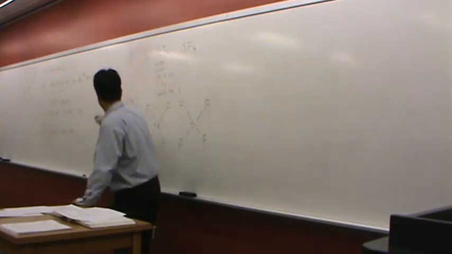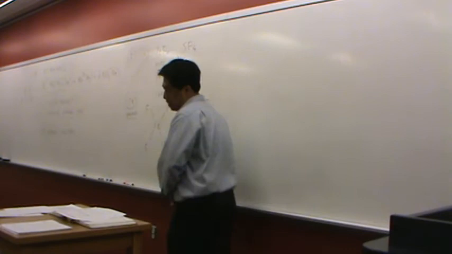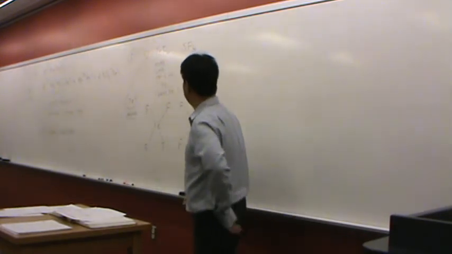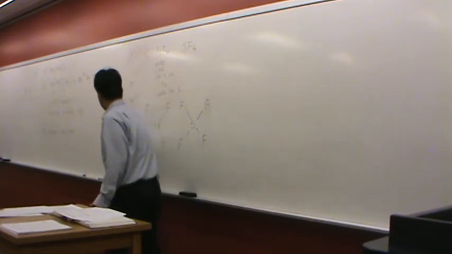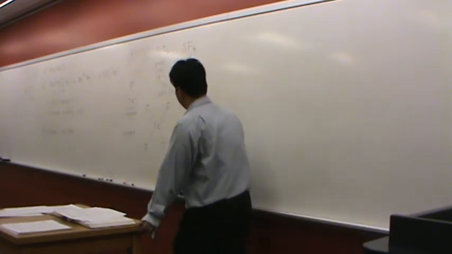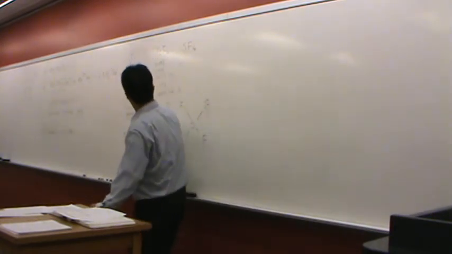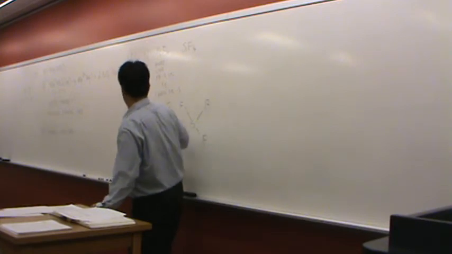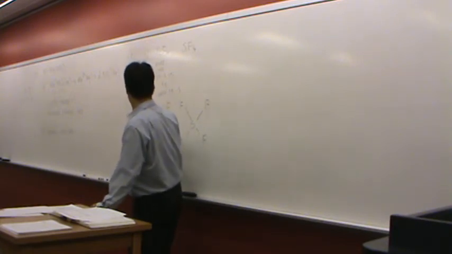Here I am only referring to the valence electrons of fluorine. If you remember, the octet rule says that 7 is not a good situation, but 8 is good. So each of these fluorines wants to share 1 electron with xenon.